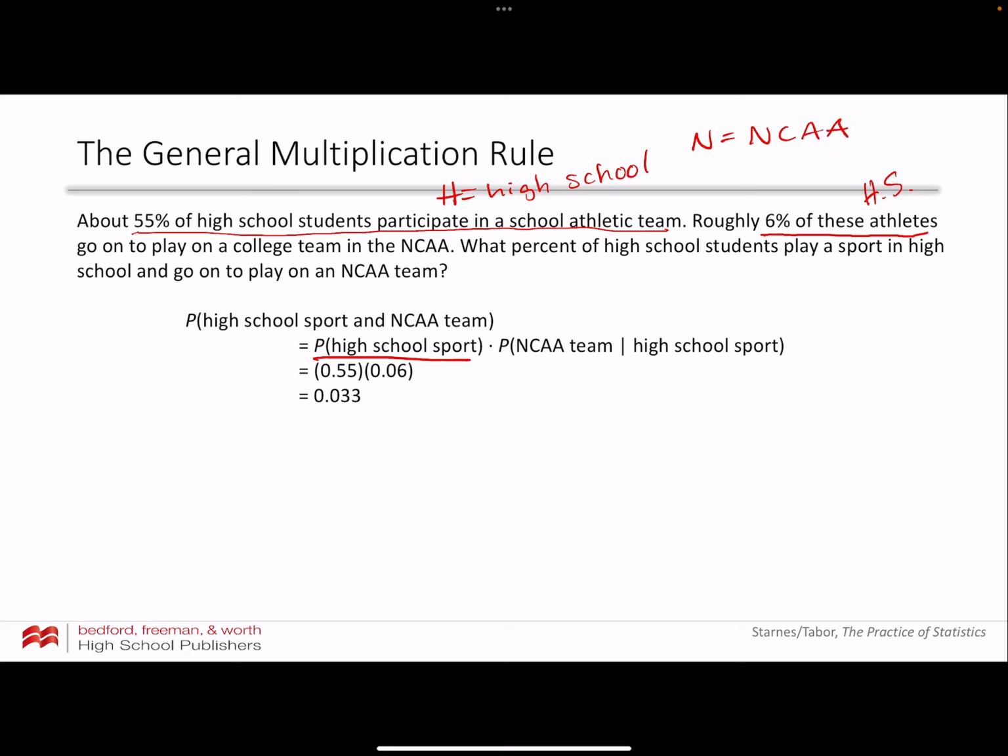So 6% of those high school athletes go on to play in the NCAA. In other words, that's the probability that they play in the NCAA given that they played in high school. That's this part here. And we multiplied those two together to get 0.033, or 3.3%.